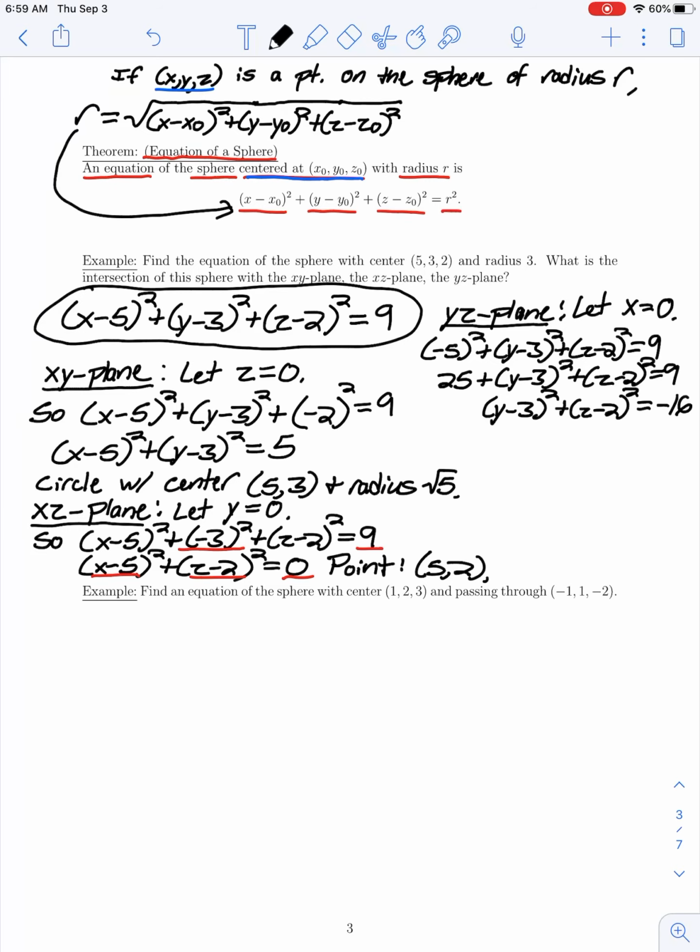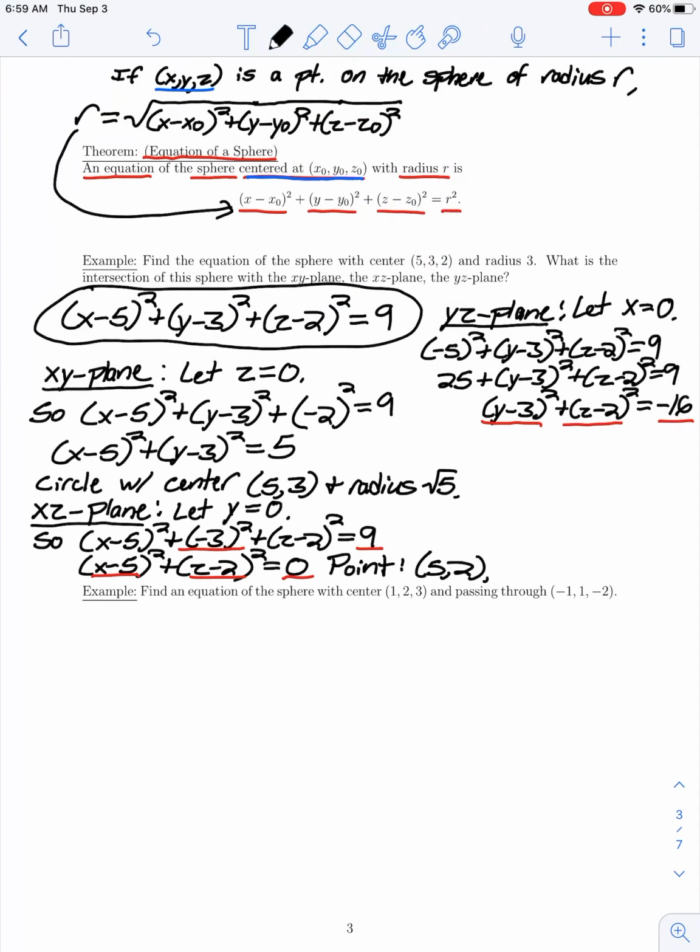Or moving all of our constants to one side, (y - 3)² + (z - 2)² = -16. So what we have here is an equation which says the sum of two squared terms would have to equal a negative number. But we know that when we square any quantity, it has to be non-negative, so there are no values for y and z that would satisfy this equation.